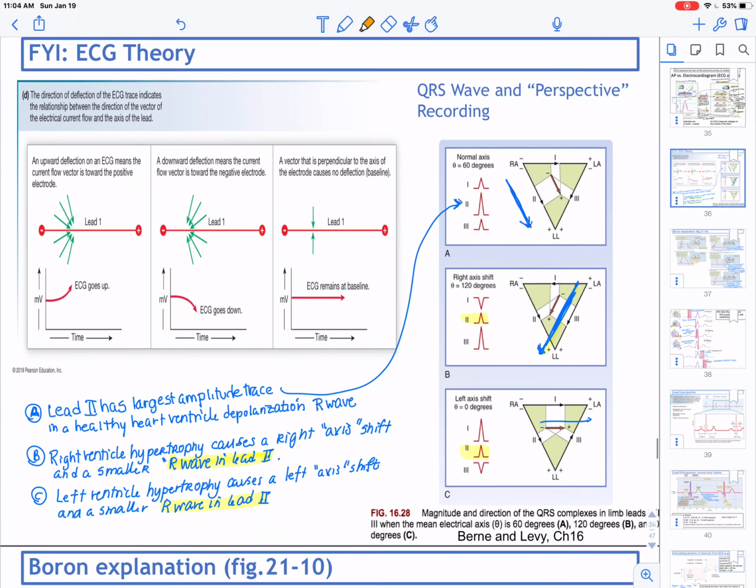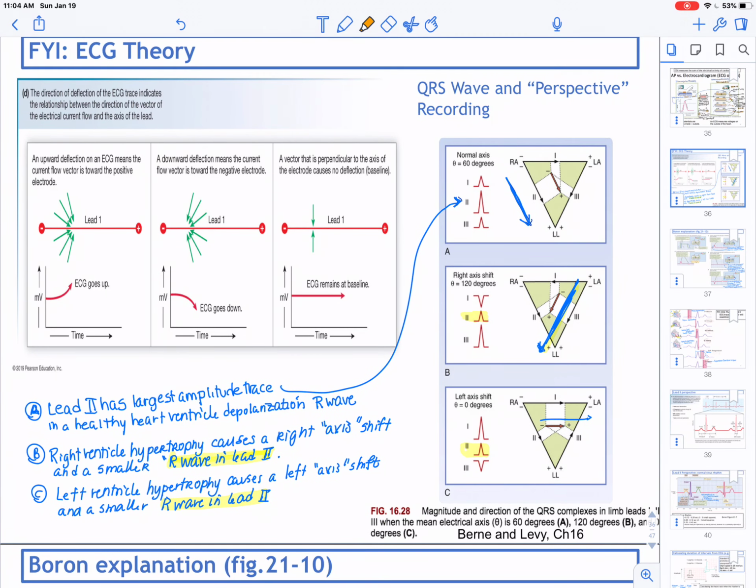Okay, this is from your textbook, and it shows the same thing over in D, and just shows you how when the depolarization is approaching that positive electrode, the trace goes in the upward direction, and all that I've covered in the previous slide.